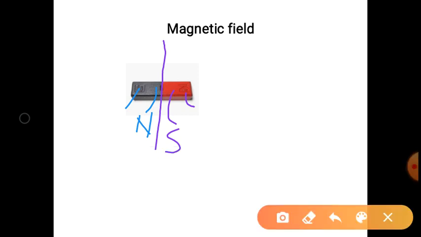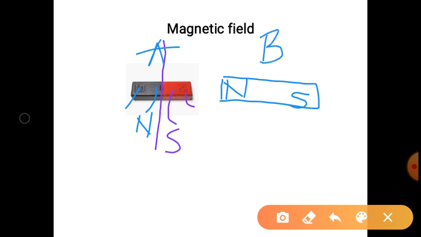Second property is, according to Coulomb's law, like poles repel each other and unlike poles attract each other. So there are two magnets, magnet A and magnet B. So it is N pole and here also it is N pole. So these are called like poles.